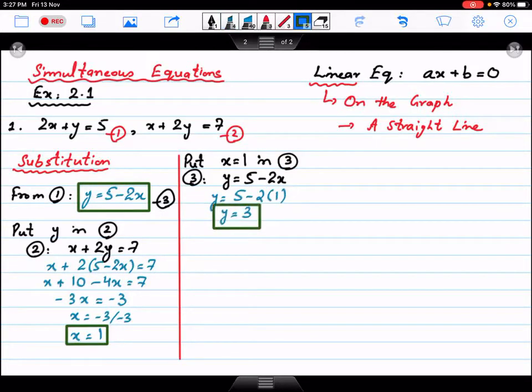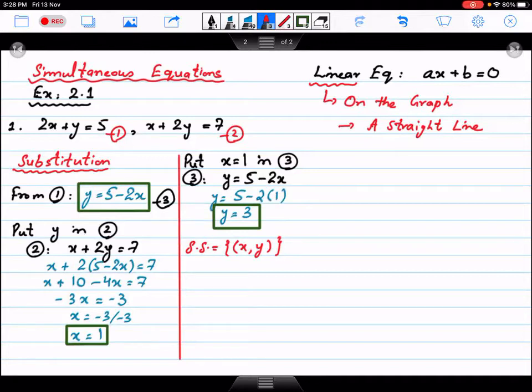Now we have the value of x and y, which we can write in ordered pair form. What is an ordered pair? It is in the form of x comma y. Solution set means whatever the answers of the equation, we write it in the solution set.